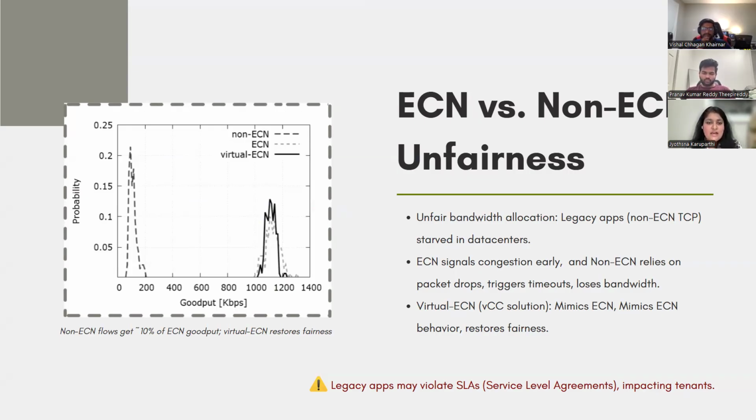If you can see the graph, the ECN flows dominate, while the non-ECN flow is starved, achieving just 10% of its goodput. Why does this happen? It's because ECN detects congestion early and adjusts smoothly. But non-ECN flows keep sending until packets are dropped, triggering timeouts and aggressive backoffs.